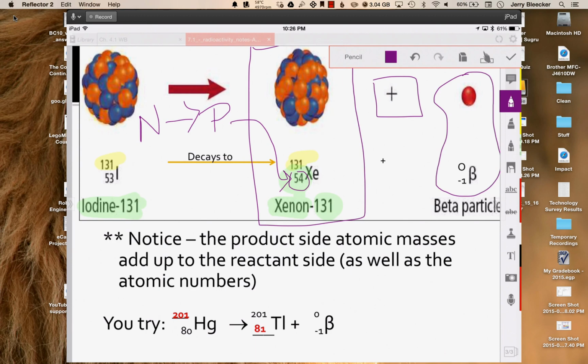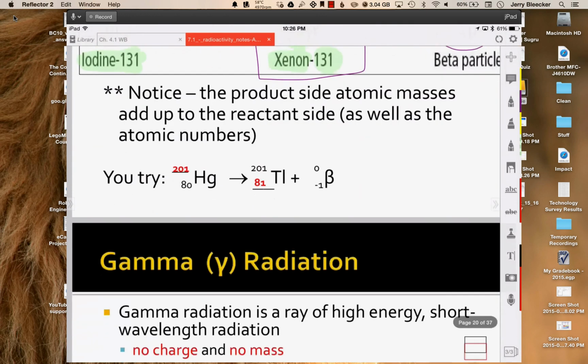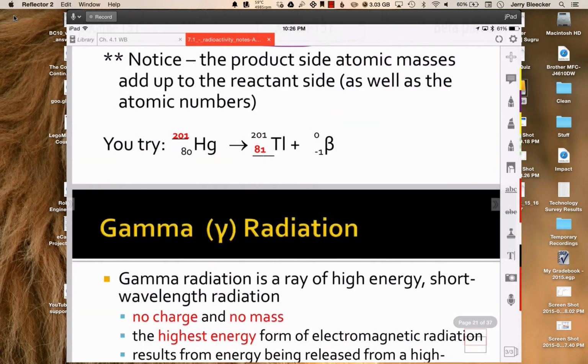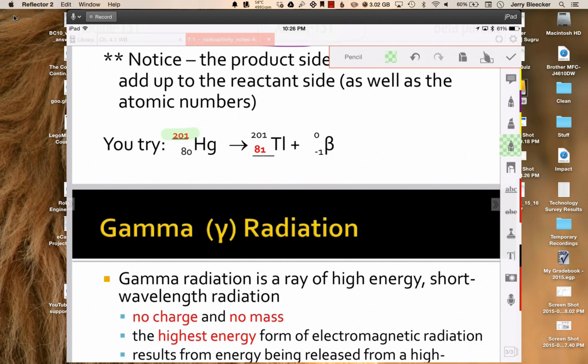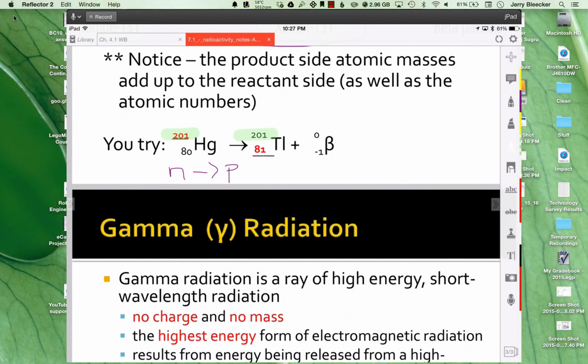So in equations like this, it starts to become a little mechanical, and you look at something like this and you say, well, what happened? Well, if it's going to be beta decay, first off, mass never changes. So in beta decay, what you try to remember is that because a neutron becomes a proton, the atomic number goes up by 1.